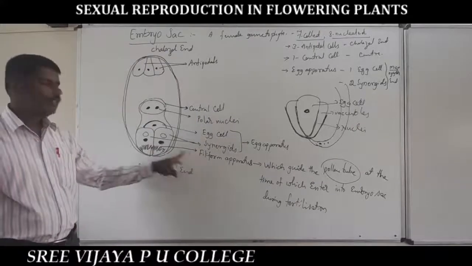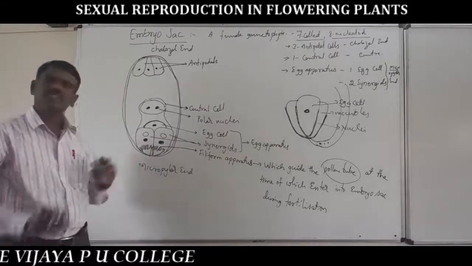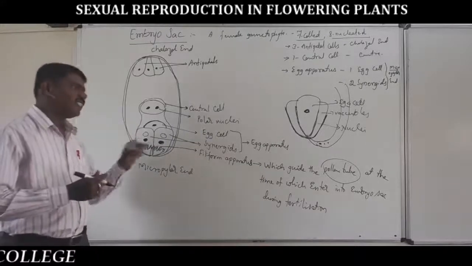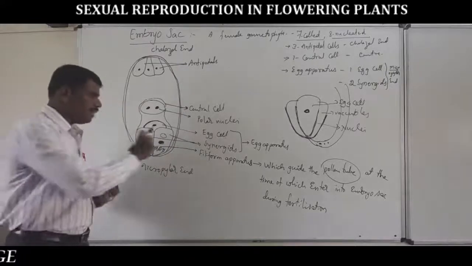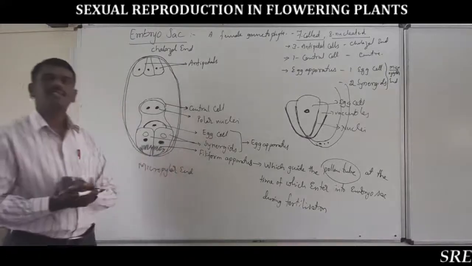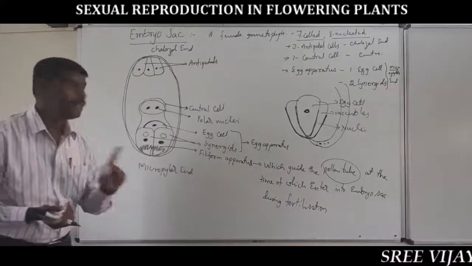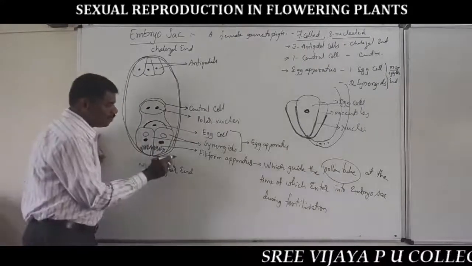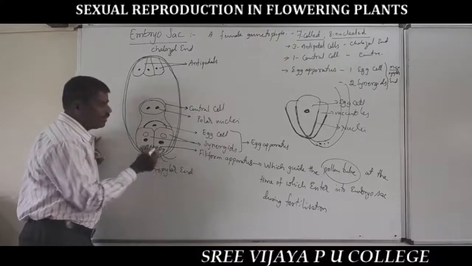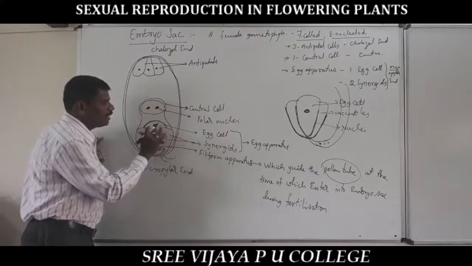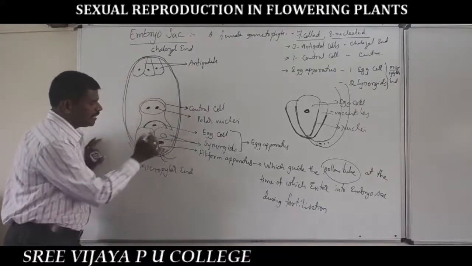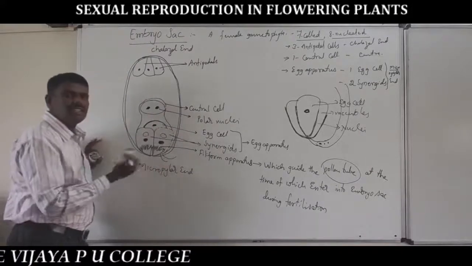Like the synergids, there are two synergids. At the time the pollen tube entered into the embryo sac, for example while the pollen tube entered here, this entire synergid will degenerate.